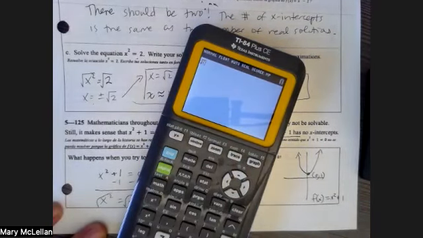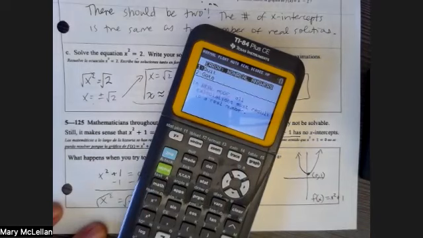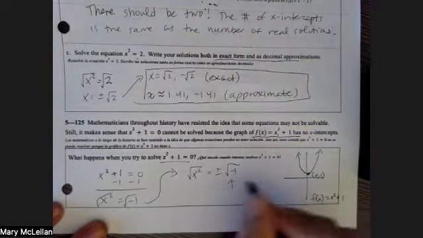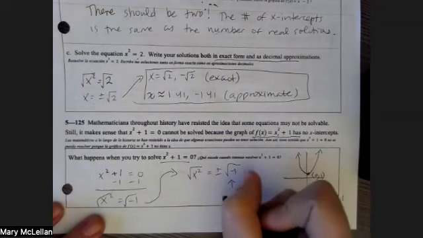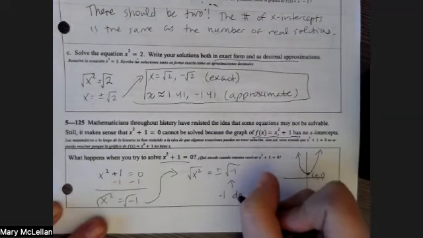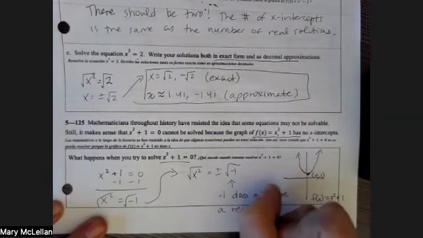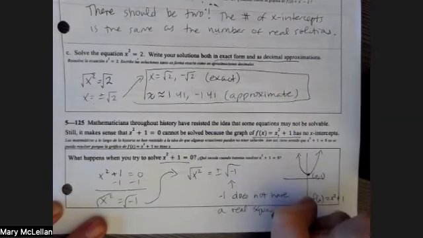The square root of -1. That's an error. -1 does not have a real square root.